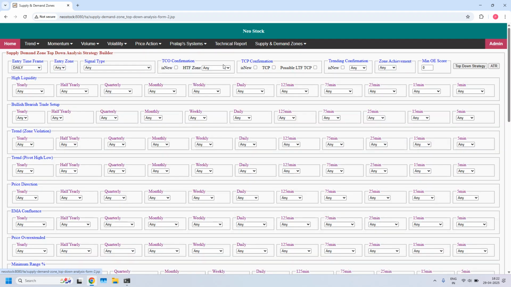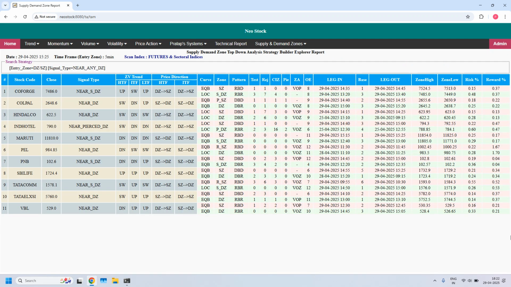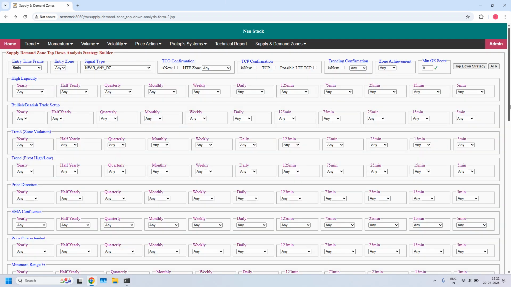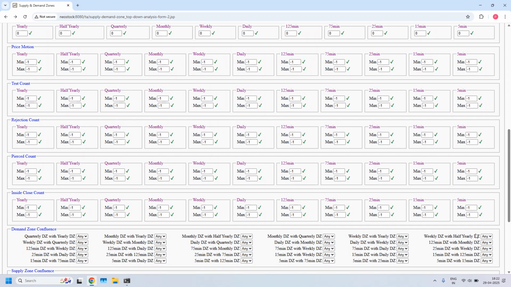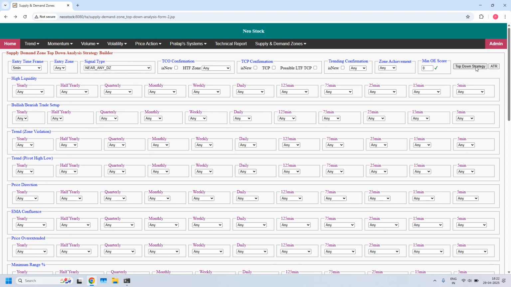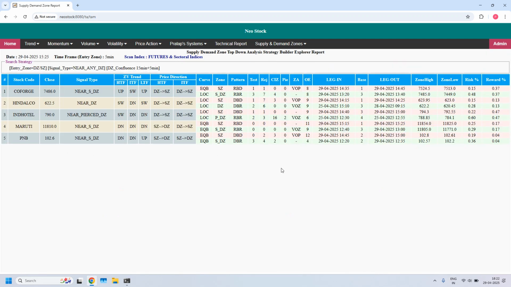Okay, next time frame is 5 minutes. Stocks near to the 5 minutes demand zone, we got 11 stocks. Okay, we can further filter based on the 5 minutes demand zone with 15 minutes demand zone confluence. Now we got 5 stocks. Out of these 5, third one is PR zone, you can ignore it.